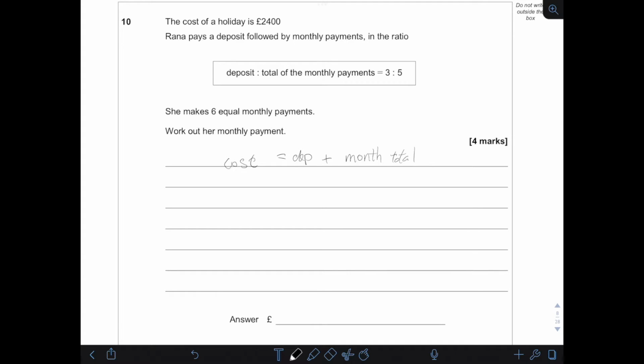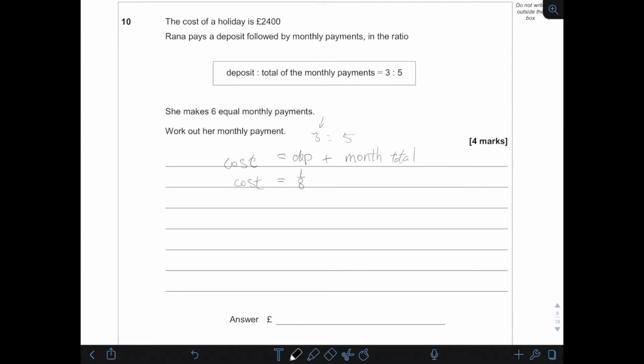So the deposit and monthly total is in the ratio of 3 to 5, which means that 1 unit of this number is just 1/8 of the total cost, right?